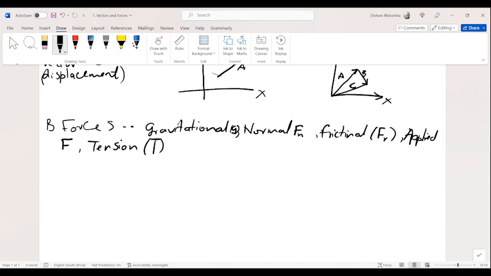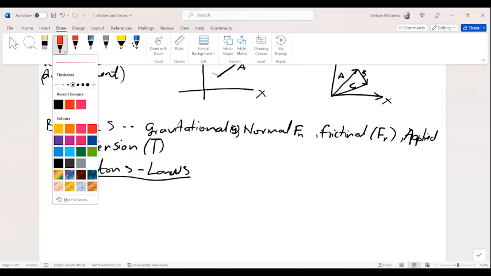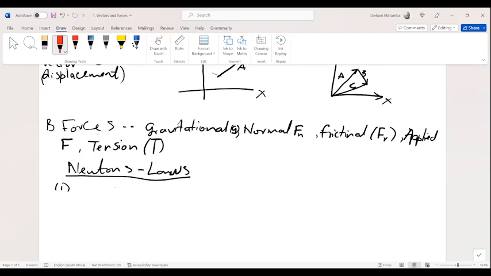Now we have the so-called Newton's laws. Newton's first law states that a body will remain at rest or continue to move at a constant velocity unless a resultant force acts on it.